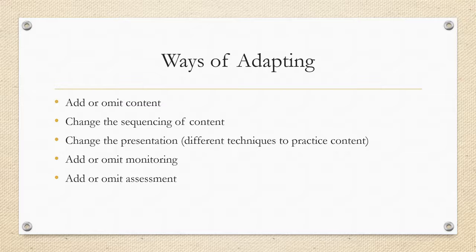A lot of textbooks have ways for students to check to see if they're on track with their knowledge, or have tests at the end of chapters. You don't have to use all of those things. Think about what's useful for your students. And I think this makes sense, right? You can change anything you want, but this is keeping in mind that even if you like an activity that the textbook is introducing, you could change something as simple as the presentation of it.